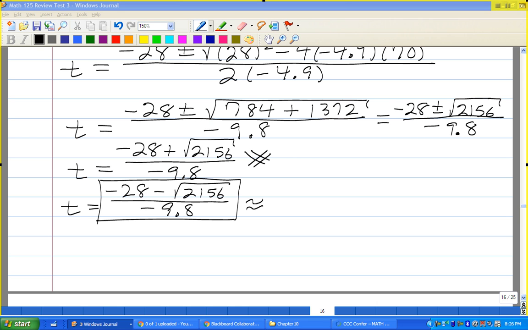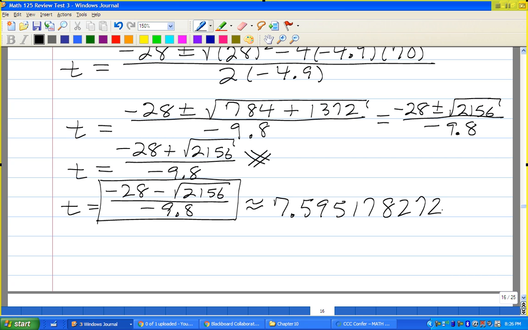Divide that by a negative 9.8, and you'll get approximately 7.595178272. And so my time is approximately, well, rounding to one decimal place, 9 is indeed greater than or equal to 5, so I'll add 1 to this.